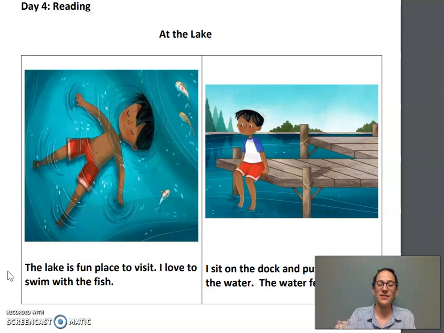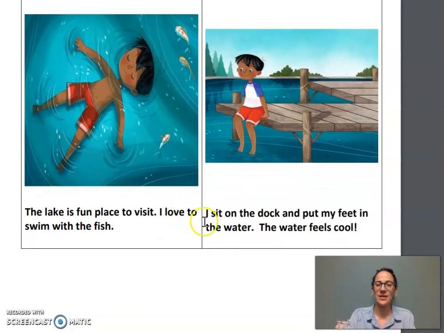Can you find the fish in the picture? There they are. I sit on the dock and put my feet in the water. The water feels cool. Can you find the dock in the picture? There it is. Nice job.